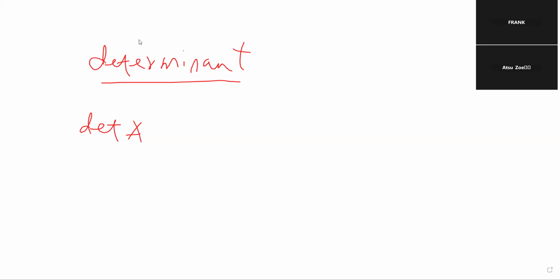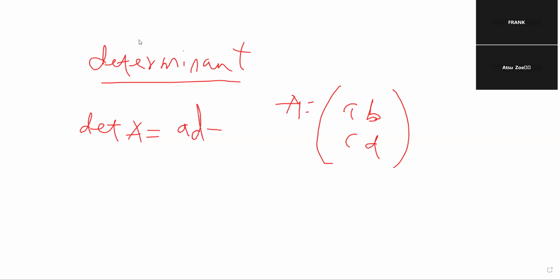Let's say I have matrix A to be A, B, C, D. The determinant is the product of the leading diagonal minus the product of the other diagonal. So the determinant of A becomes A times D, that's our leading diagonal, minus B times C, that's our other diagonal.